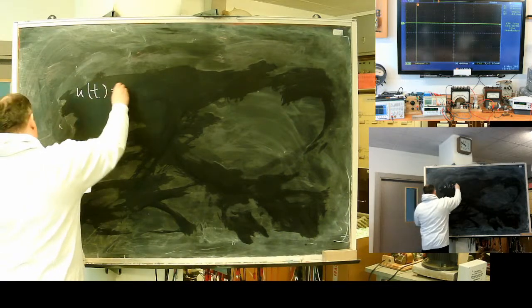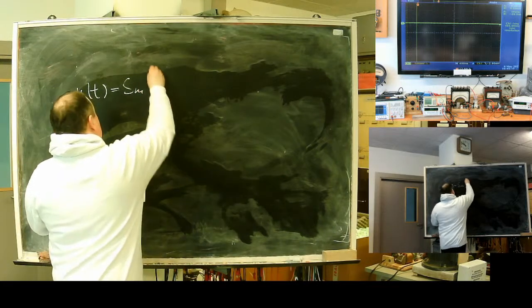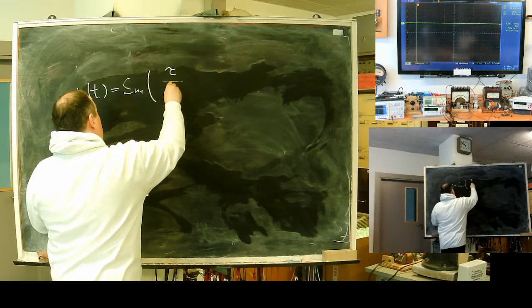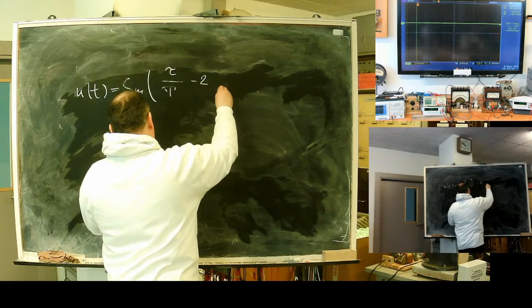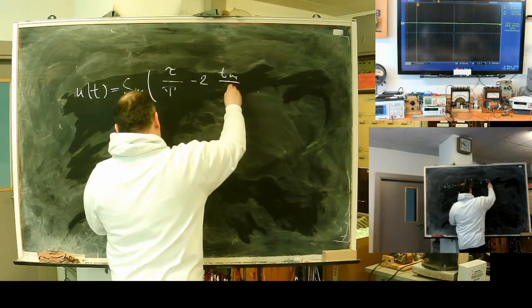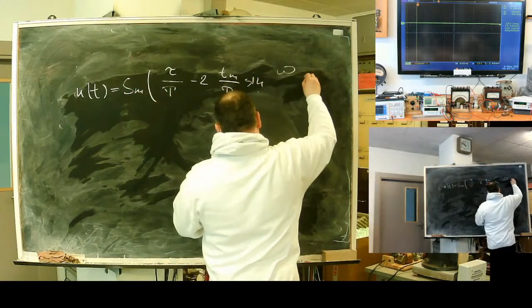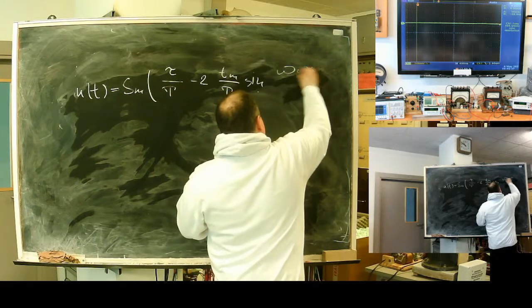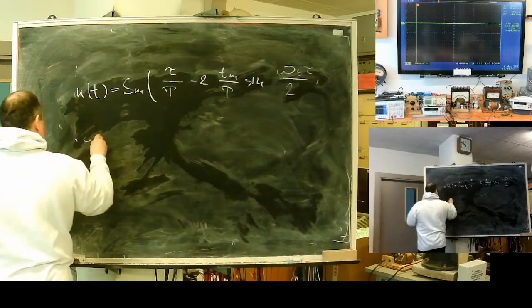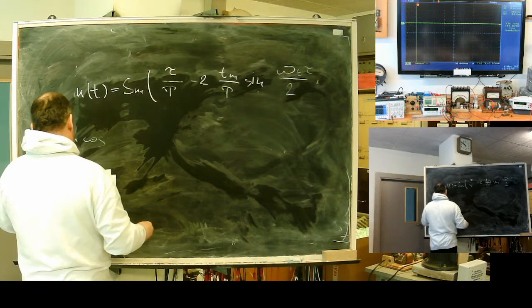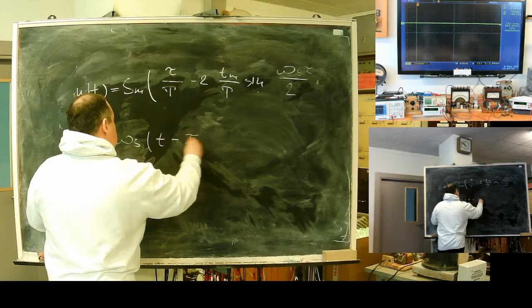It can be replaced as maximal tau divided by pulse sequence period minus double T max divided by time sine omega s tau divided by half, multiplied by cosine omega signal t minus tau by half.